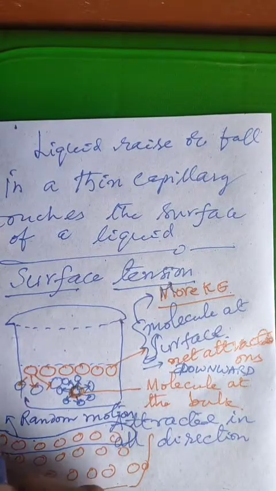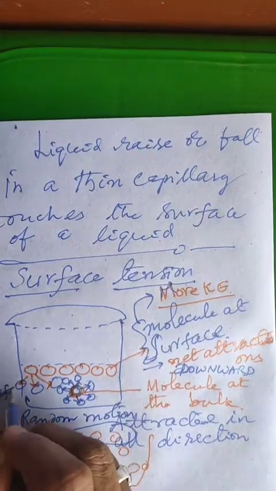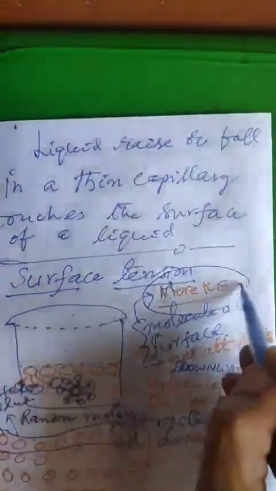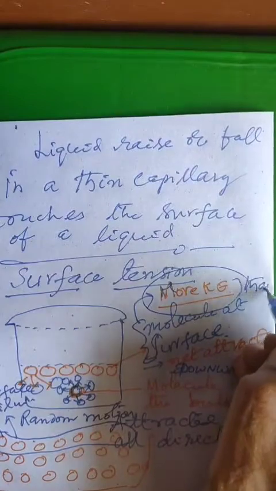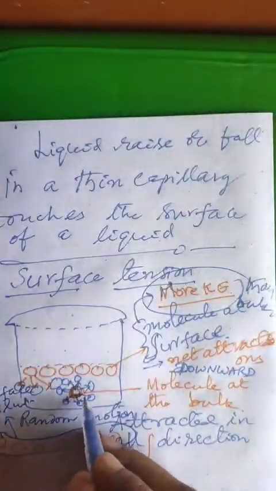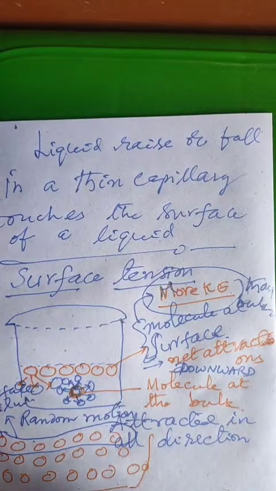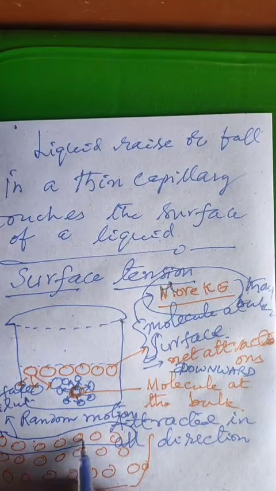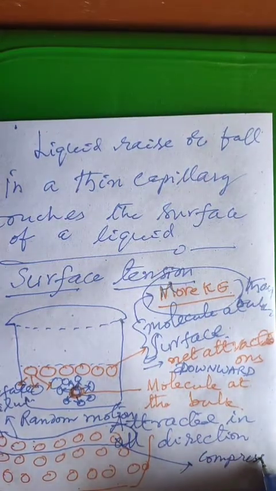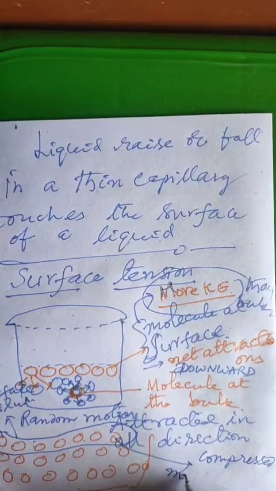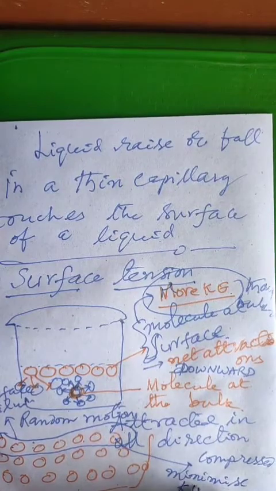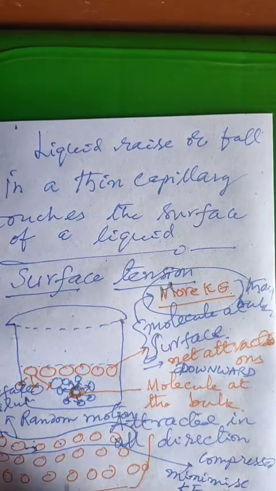As it is the surface film, due to more kinetic energy than bulk, because in the bulk the particle is equally attracted. So they are compressed. They want to minimize kinetic energy, so they are coming close.